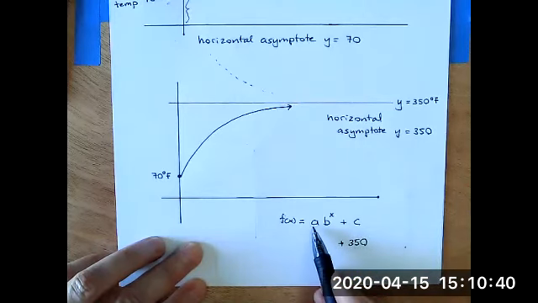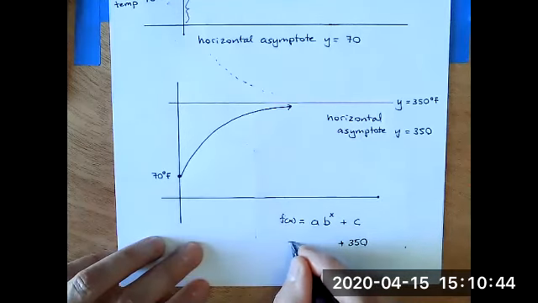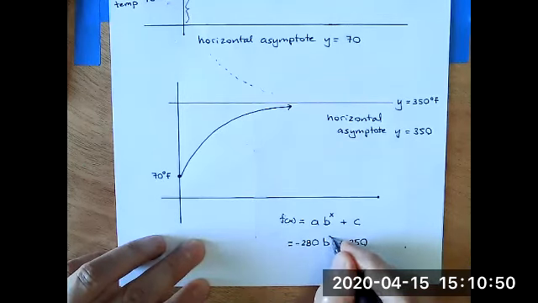If I want my initial value to be 70, I need my A to be negative 280.